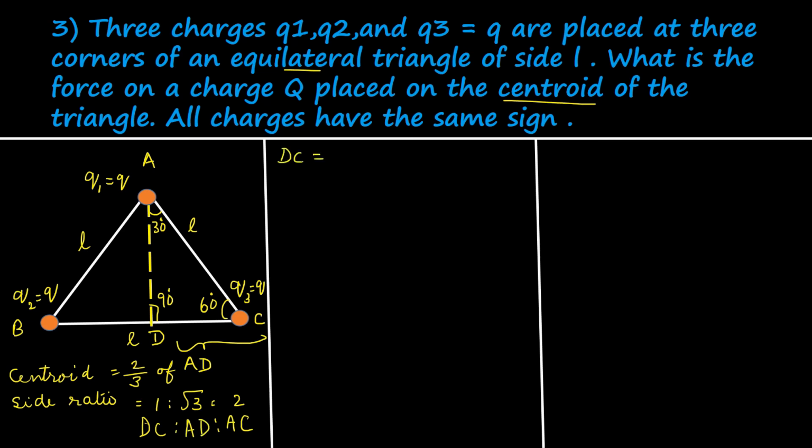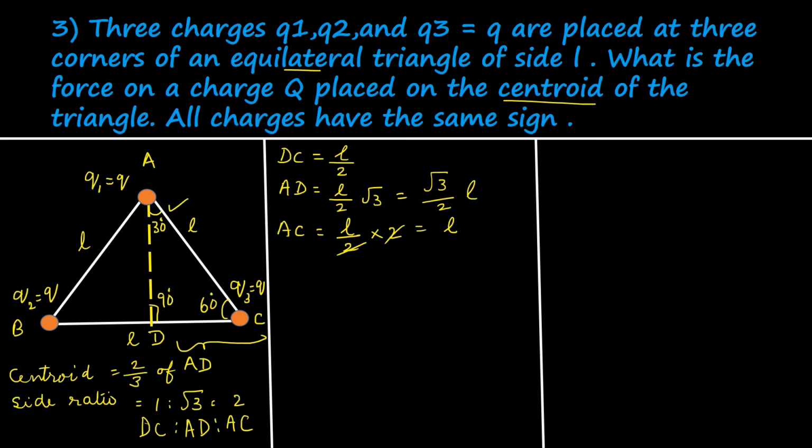DC is L by 2 because BC is equal to L. So AD is equal to √3 into L by 2, because it has to be multiplied by the measurement of the smallest side, and this is equal to √3 by 2 L. AC is equal to 2 into L by 2, equal to L. So we have the values of the three sides of the right angle triangle in relation to L.